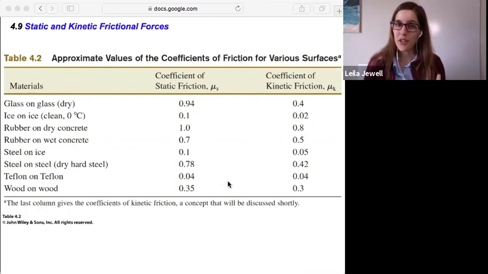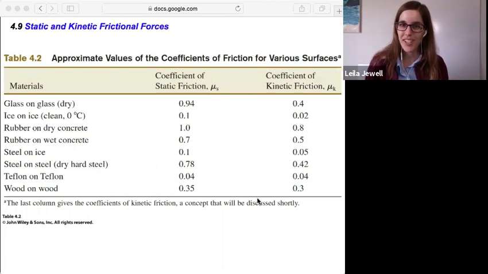Or why is it easier to push on an object once it's already moving? Well, to get it moving, you have to overcome this static frictional force, in which it turns out the max static friction is larger than the force of kinetic friction. So if you can just get something moving, you'll have less friction opposing your force. Pretty cool. All right.